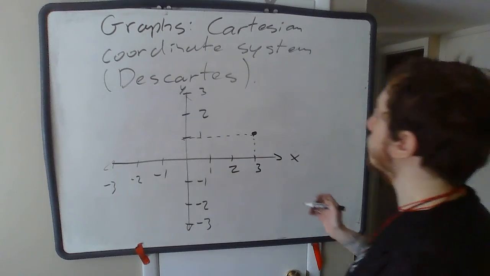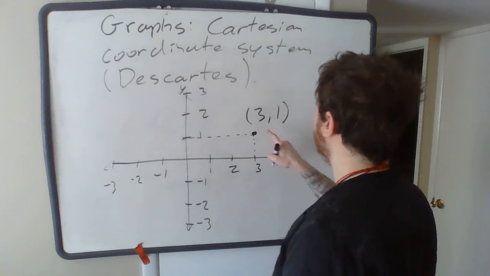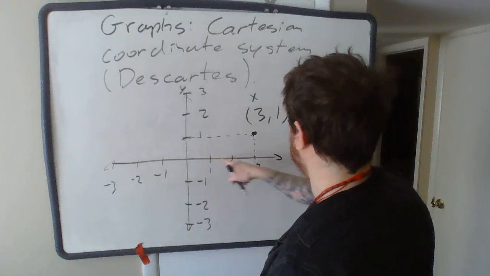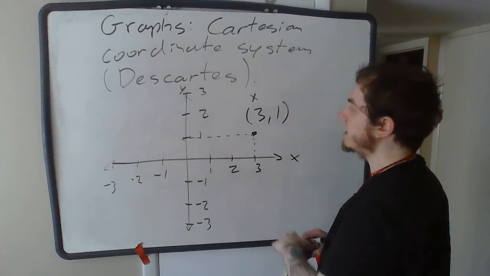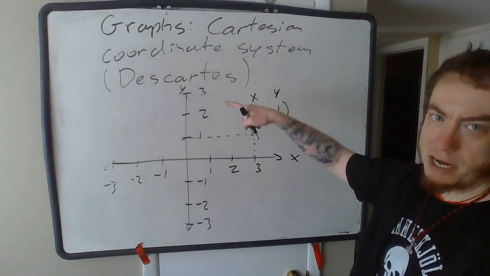The way that we write that succinctly is as a pair, (3, 1). So this is the position along the x number line, and this is the position along the y number line.